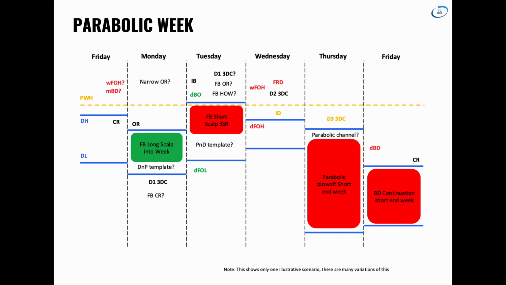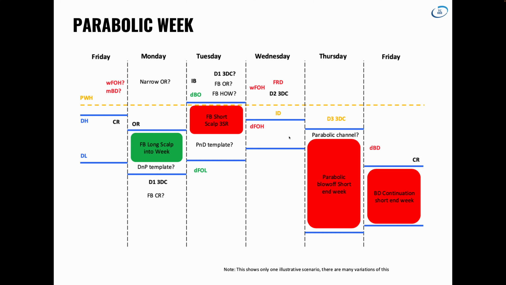A second one would be a real parabolic week. So this is exactly what I said before. So potentially downtrend, closing range breakdown, fake out low, opening range, fake out high. So this is a day 0 setup. And then potentially it never makes more highs here. So this is potentially already a first trade.